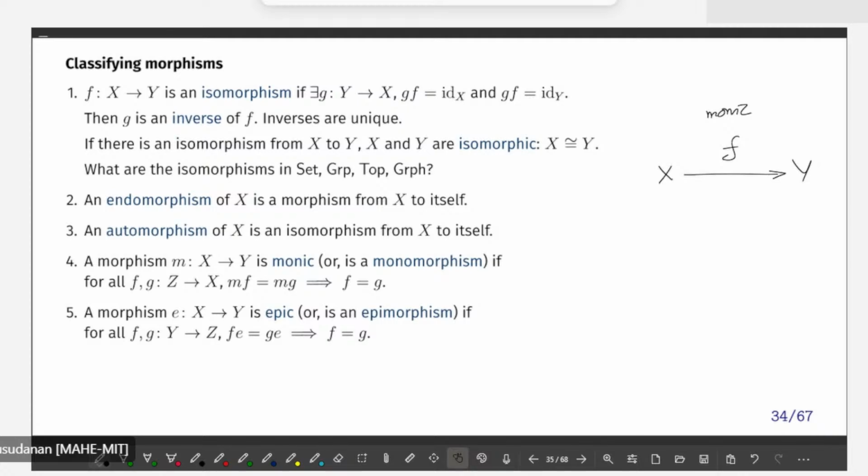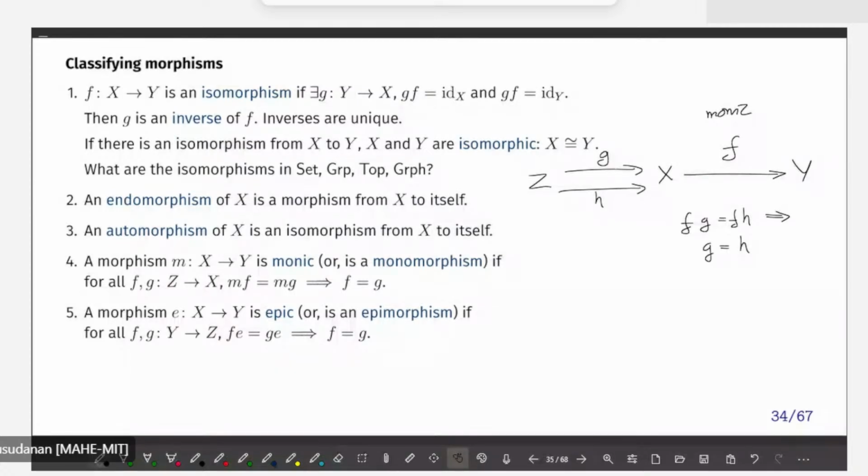So that means suppose you have two morphisms G and H from one object Z to the object X such that FG is equal to FH. Then you can cancel F and say G is equal to H. In other words, a monomorphism is a left cancelable morphism.